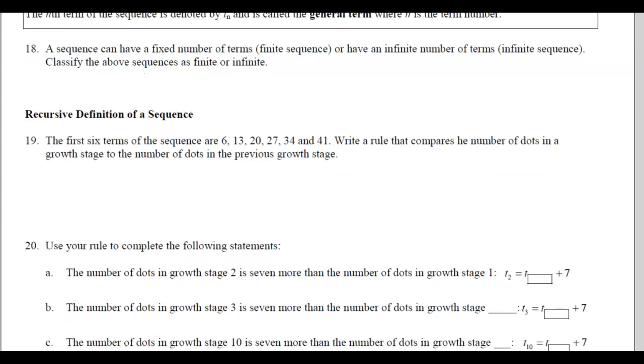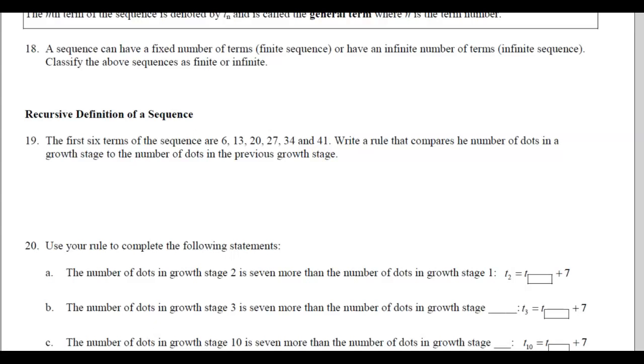You need to know the last term to get the next. So it's very difficult in a recursive definition to say, what's the 100th term? Because in a recursive definition, you have to know the 99th. To get the 99th, you have to know the 98th. So it's not something you use a whole lot of times, but it is something that you use in computer programming a lot, just that general idea. So you need to understand what it is.